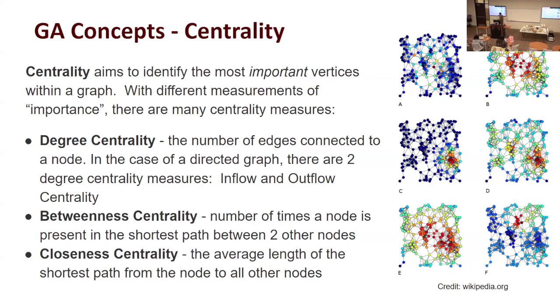But then there's another one. This one is kind of different. It's called betweenness centrality. It's not very intuitive, but if you think about it, betweenness centrality identifies the nodes that appear in the maximum number of shortest paths between arbitrary pairs of nodes.